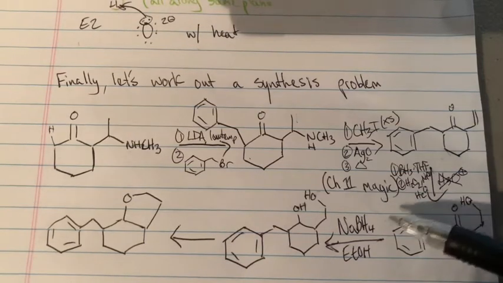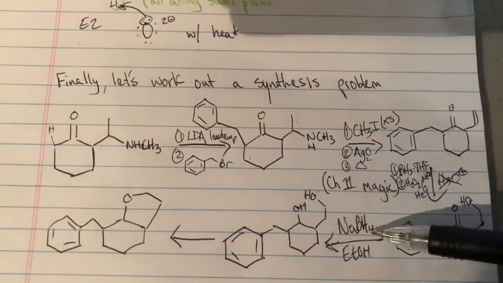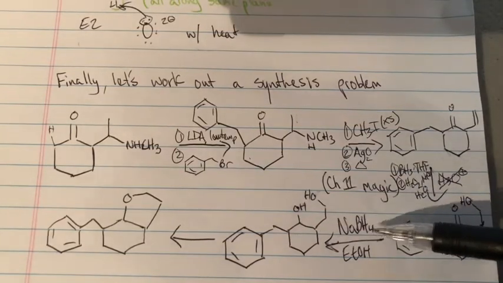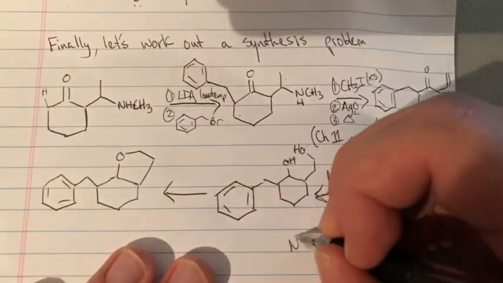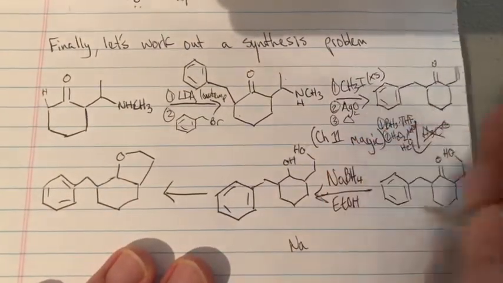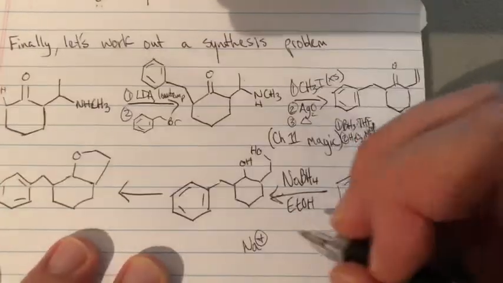Then we're going to mildly reduce this ketone to an alcohol using NaBH4. So this is sodium borohydride, sort of like what we saw earlier with lithium aluminum hydride that I drew out for you. You're going to have that sodium that's going to be positively charged.